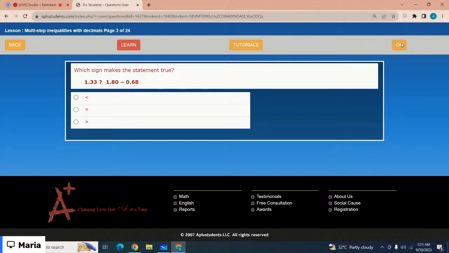Yes, 1.33 and 1.80 minus 0.68. 1.80 minus 0.68 is 1.12. Let's just subtract. 1.33 is greater than, right?